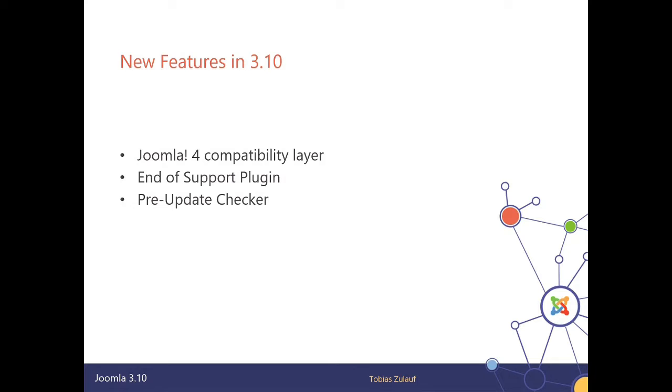Then there will be an end of support plugin, similar to what we had for 2.5. But this time around, including some earlier warnings, so you know you need to prepare.